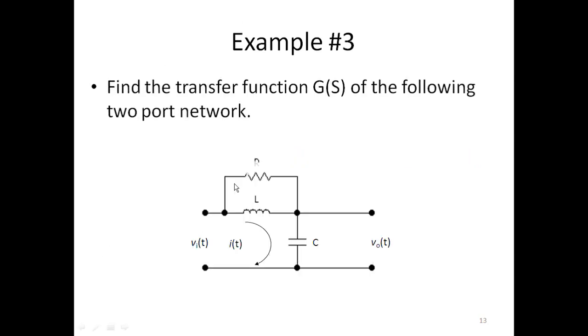So next example, here we have to find once again the transfer function, but a bit more complicated circuit is given. So here RLC, these are the components where R and L are connected in parallel.